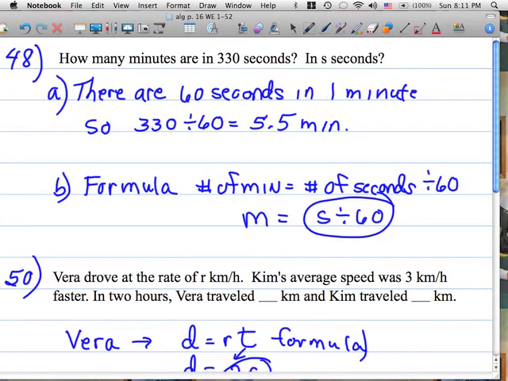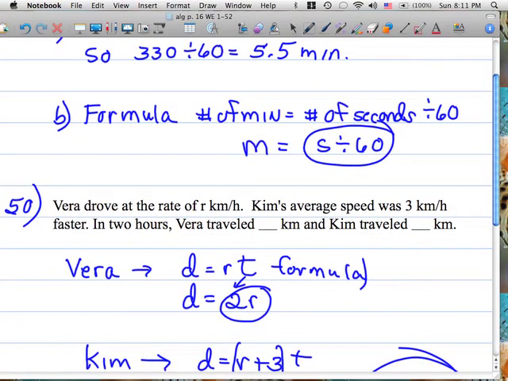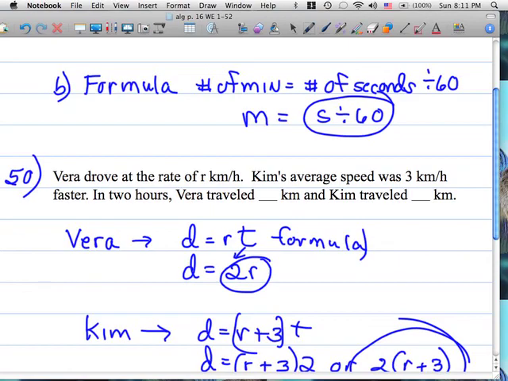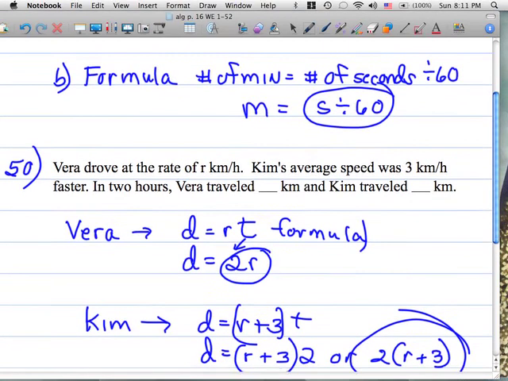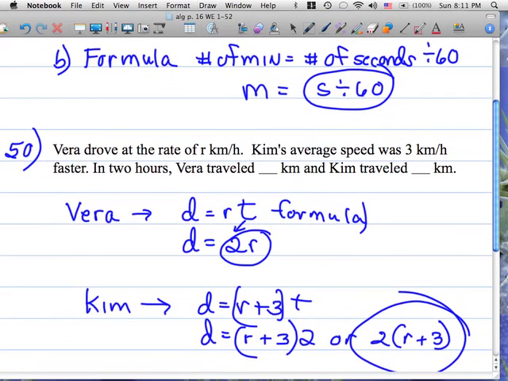Problem number 50 says that Vera drove at the rate of R kilometers per hour and Kim's average speed was 3 kilometers faster. After 2 hours, how far would Vera have traveled and Kim traveled? Well, you have 2 parts here, so make sure you have both parts written down and watch out for 50, well, 52 is okay. It's number 49.